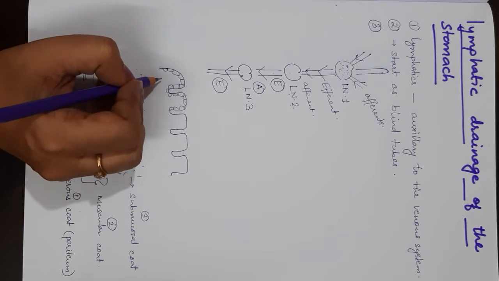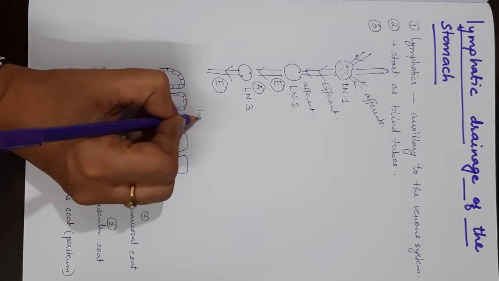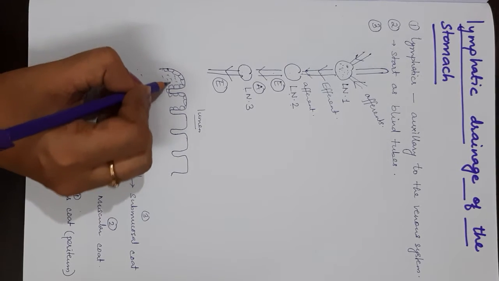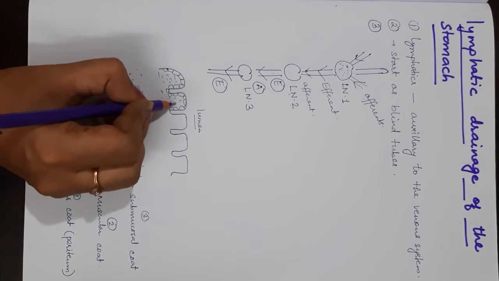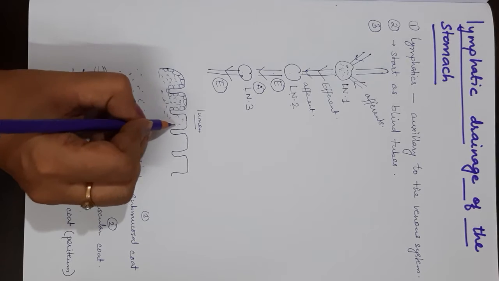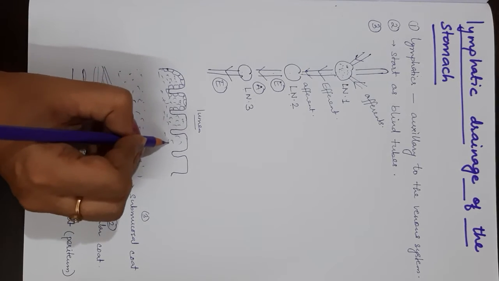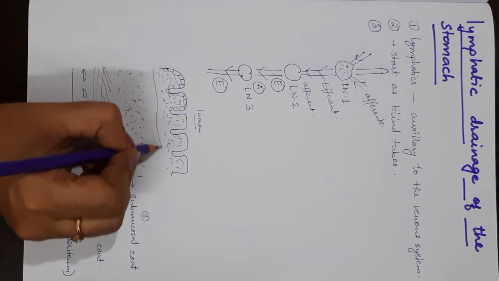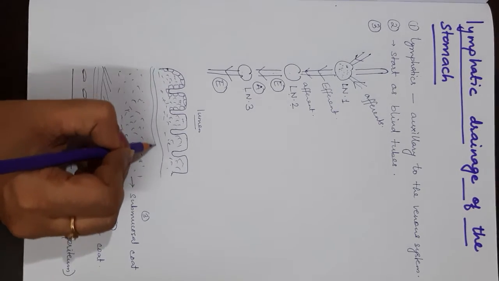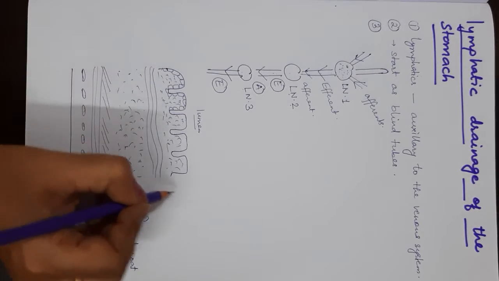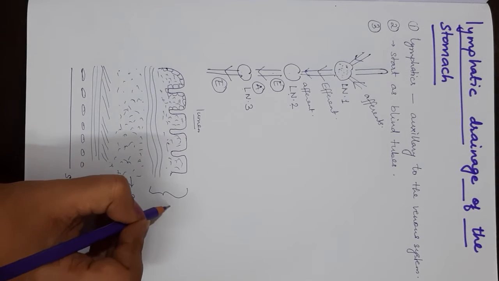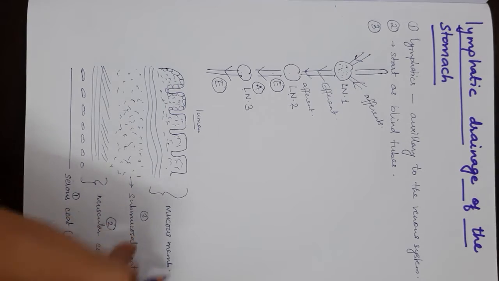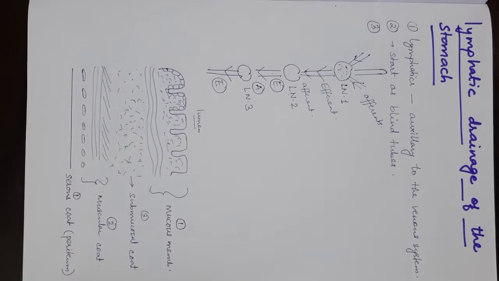This part is the lumen of the stomach. Then there is the lamina propria, which is another connective tissue layer present within the wall of the stomach, and further out there is the muscularis mucosae, which is the muscle layer of the mucous membrane and is different from the muscular coat.